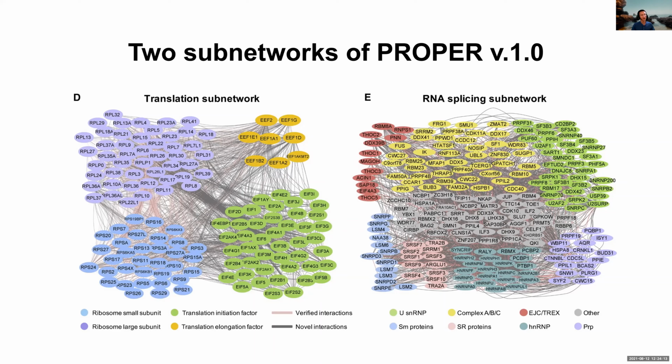On the right-hand side is a subnetwork of protein interactions involved in RNA splicing. That is a very important machinery that was traditionally known to involve, for example, the splicing complex, the snRNPs, those are the snRNA binding proteins, and heterogeneous nuclear ribonucleoprotein particles.